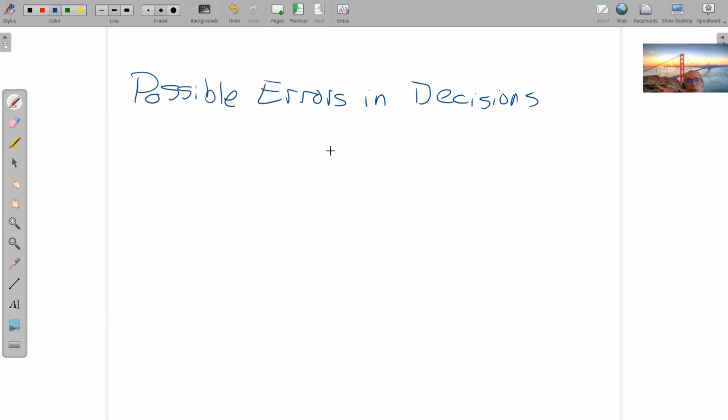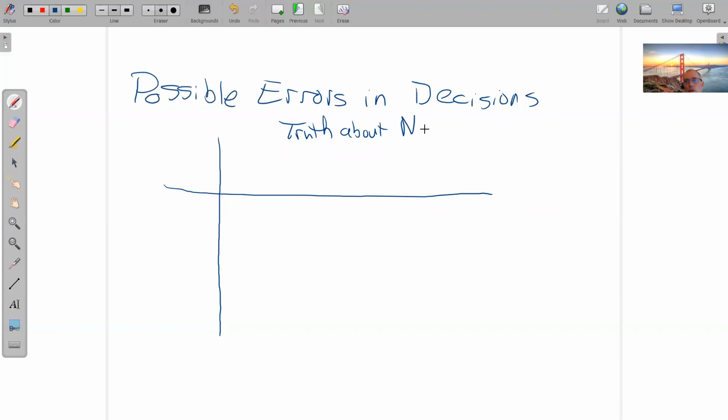To figure out what these errors mean, I always have to make one of those two-way tables, contingency tables. And the typical way of drawing them is like the book has. The columns are the truth about the null hypothesis. In other words, what's the background reality?